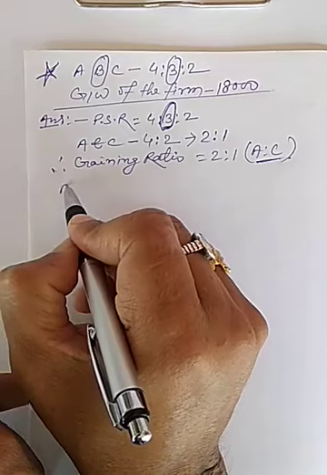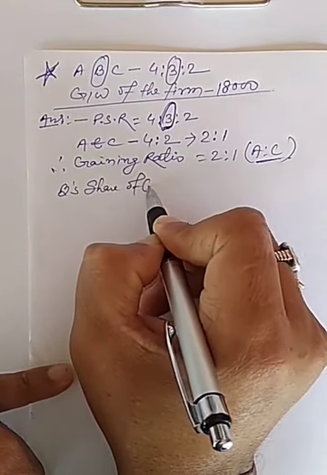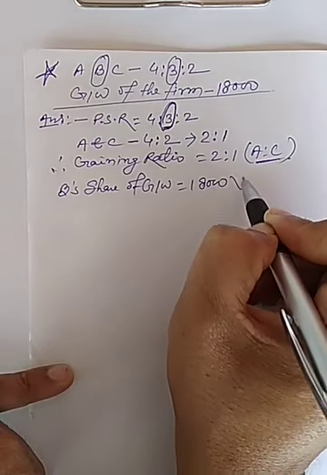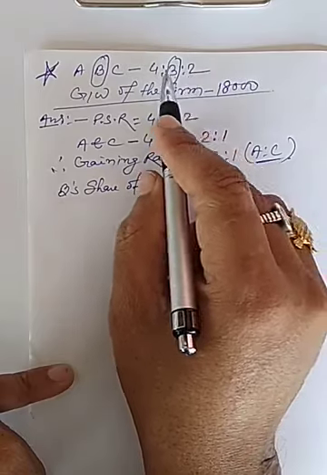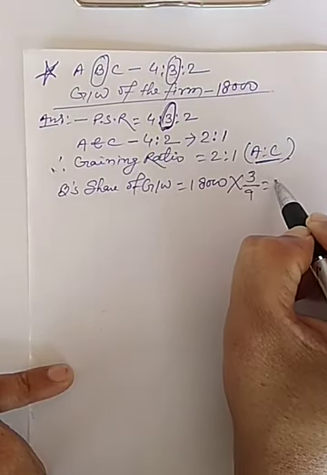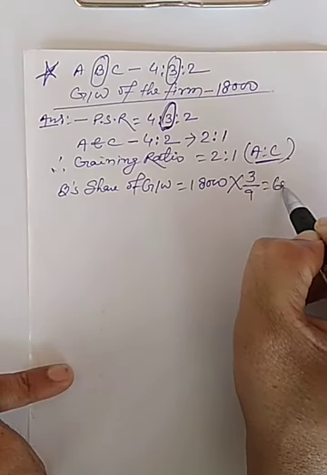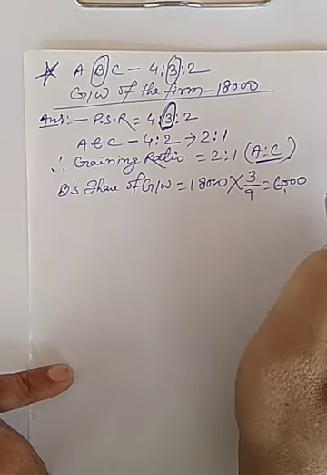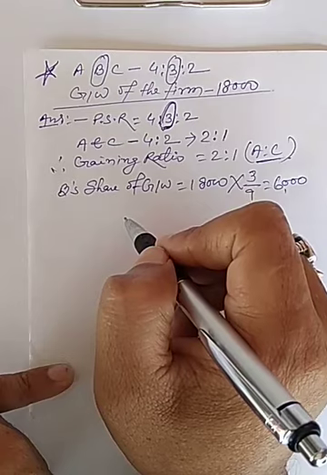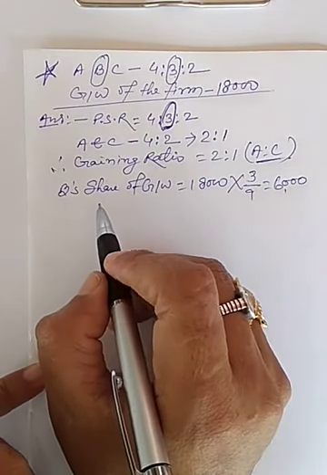Now B's share of goodwill. B's share of goodwill will be 18,000 into 3/9. It will be 6,000. Now we will pass journal entry.